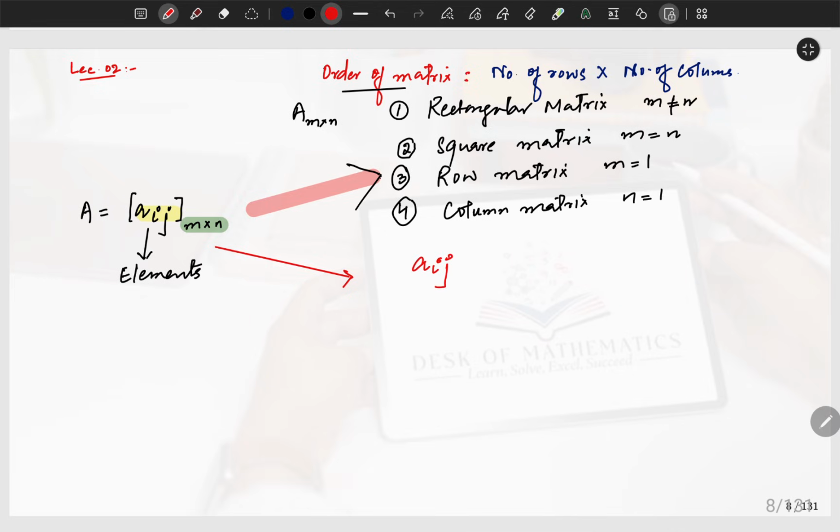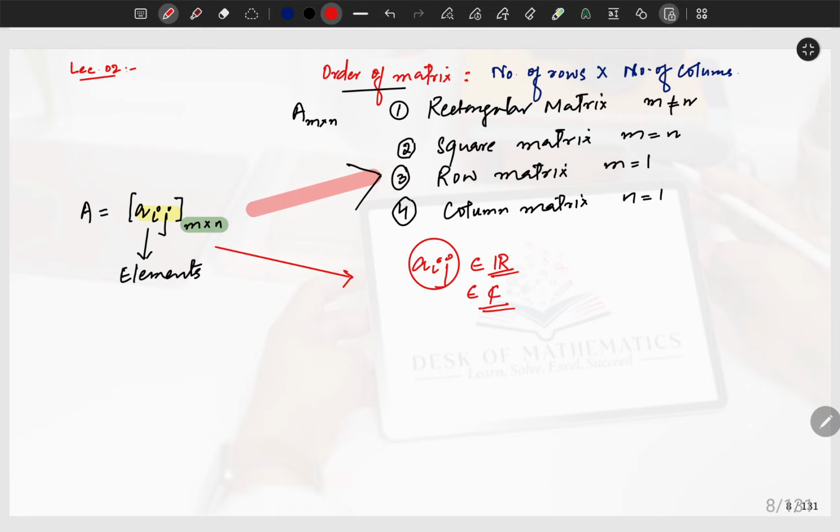So if we have the element Aij, these may be real numbers, or these may be complex numbers. All the elements may be real numbers, or all the elements may be complex numbers.